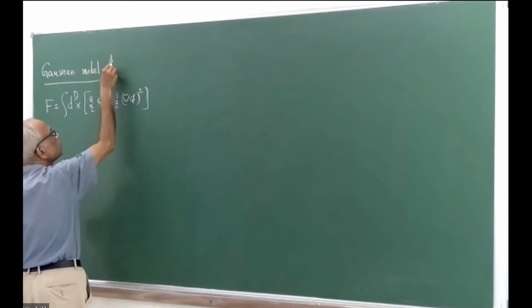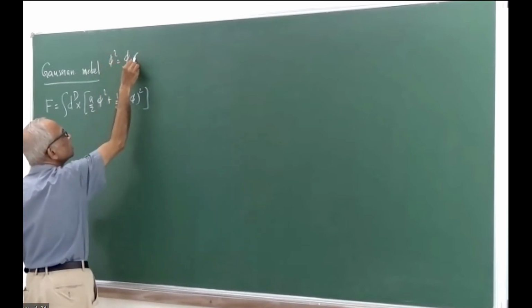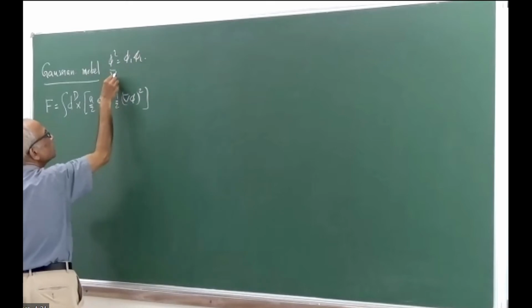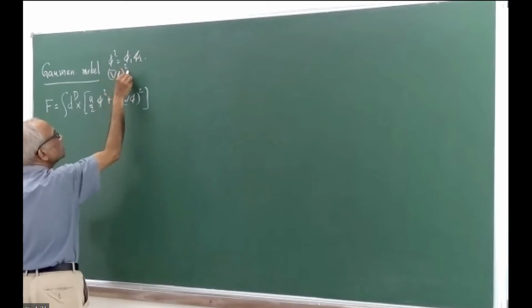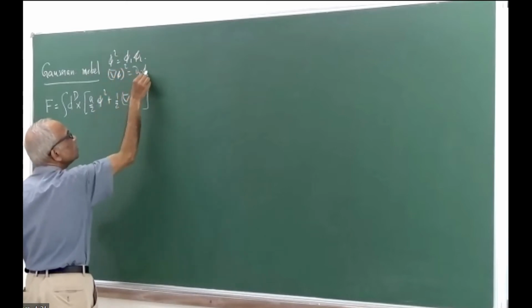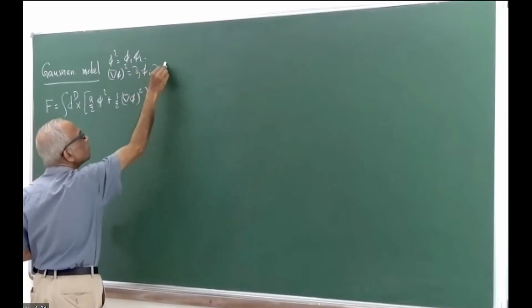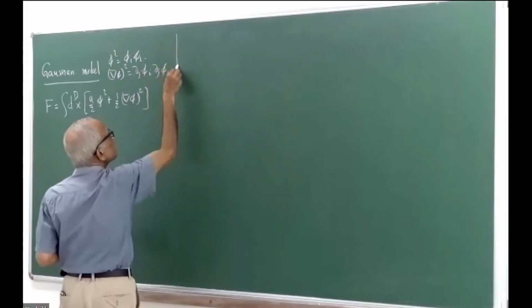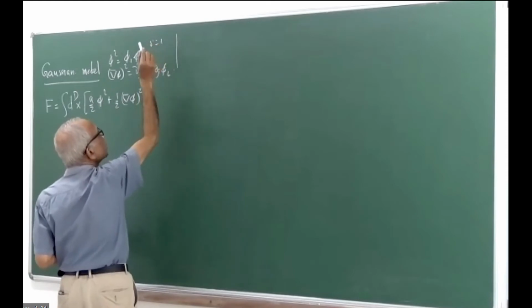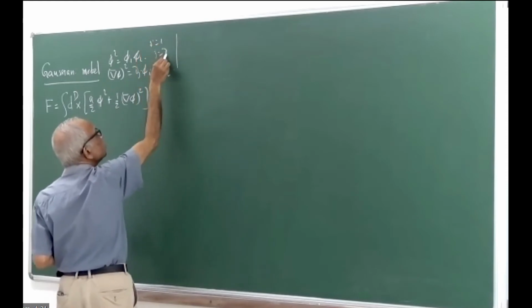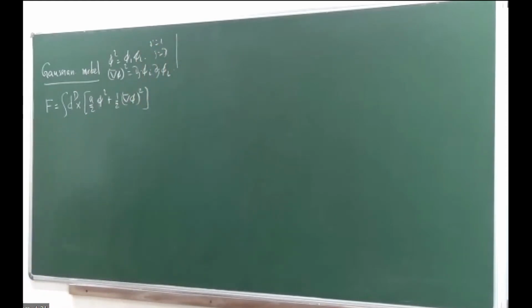In general, phi squared means phi_i squared, and grad phi squared is del_j phi_i, del_j phi_i. The calculations here will keep i equal to 1 and j equal to d. So it's a d-dimensional space, but the field is scalar, and nothing changes with the vector except the combinatorics.